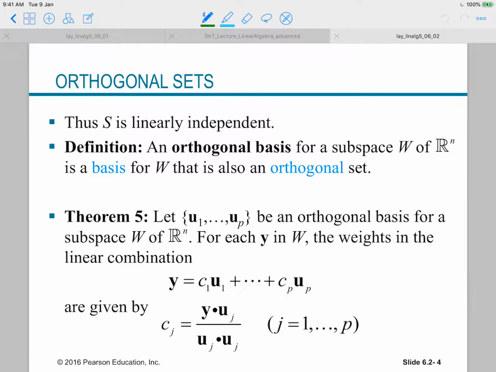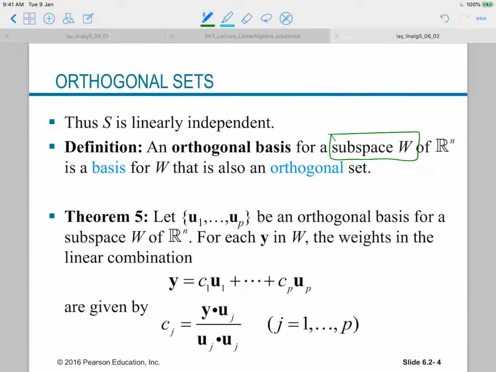Right, and then also let's think of this orthogonal set related to a vector space, the subspace. Suppose the subspace W, and then we can consider its basis that fully spans the subspace and that they are linearly independent, right?